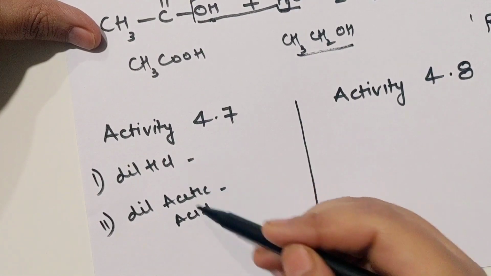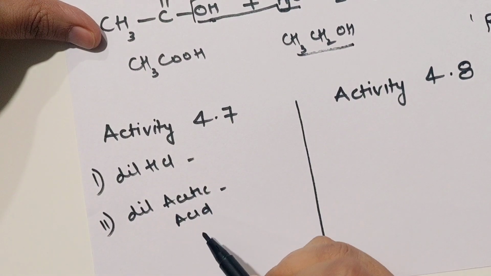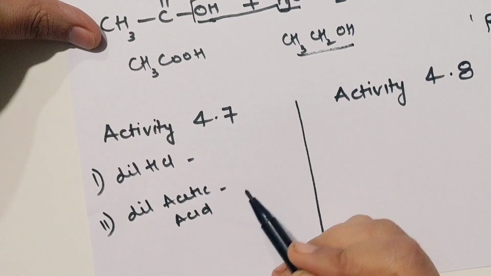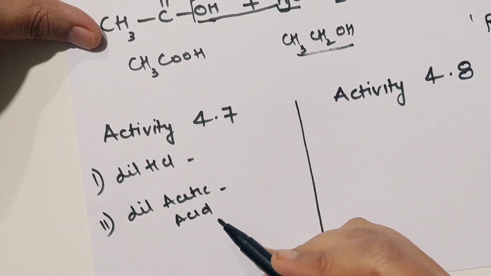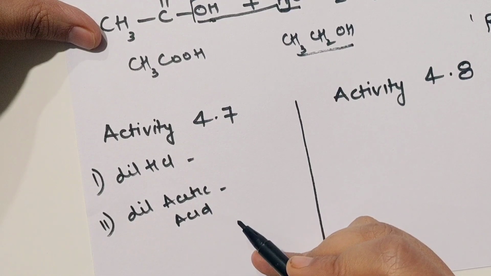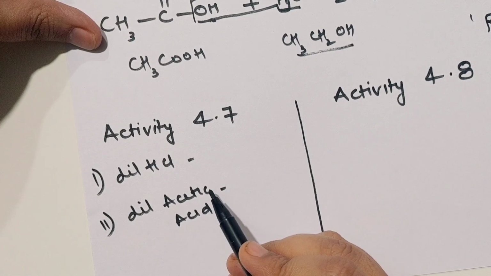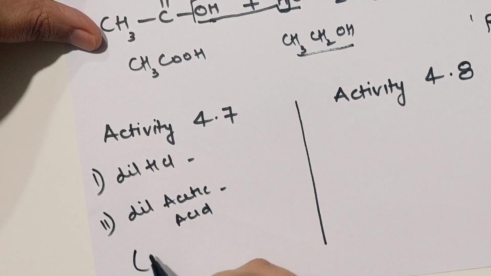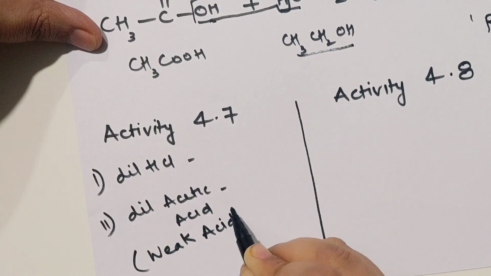Now we know that these two are acids, so they are obviously going to turn the litmus paper towards the shades of red. But acetic acid is an organic acid, and any organic acid, be it ethanoic acid, propanoic acid, butanoic acid, benzoic acid, is a weak acid.